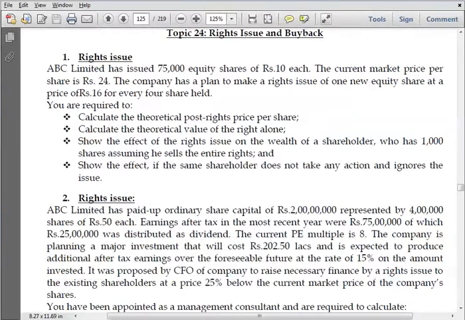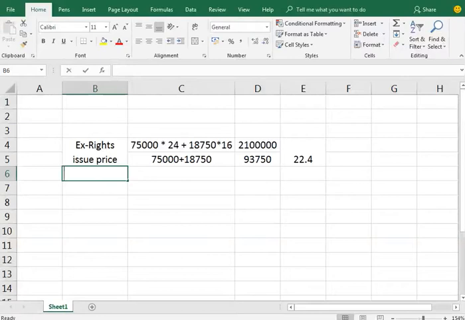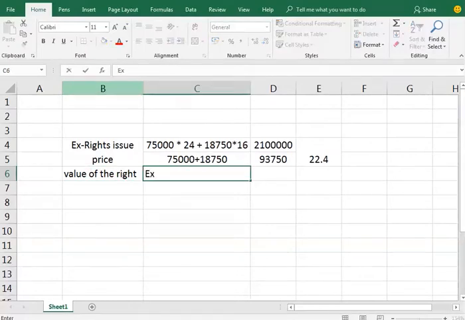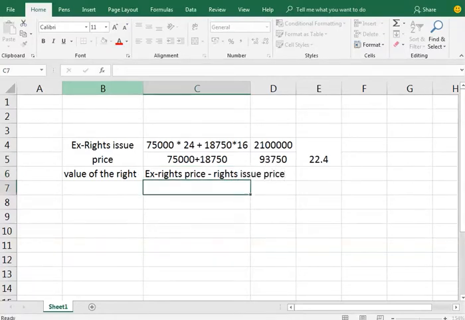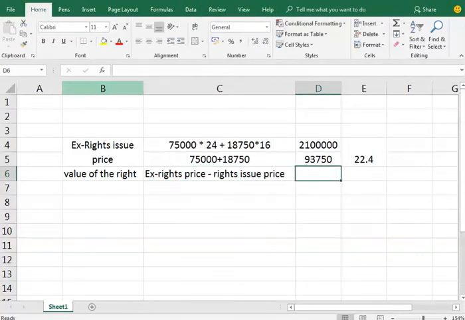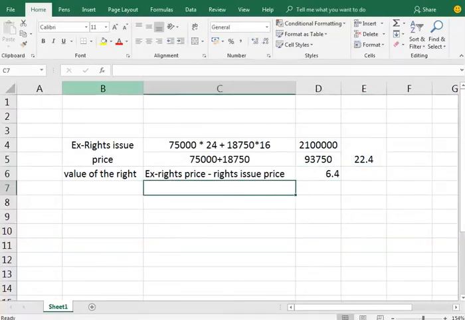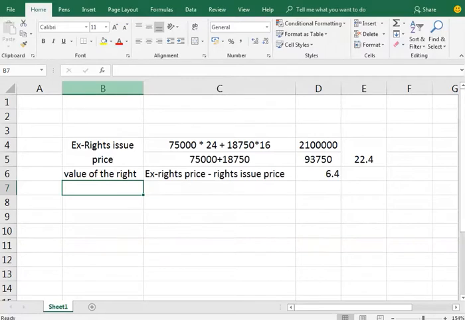Next, theoretical value of the right. Value of the right: X rights price minus rights issue price.